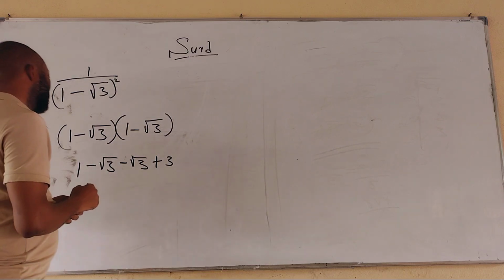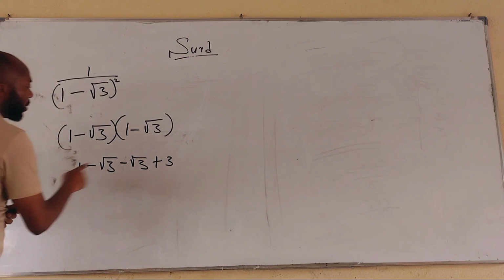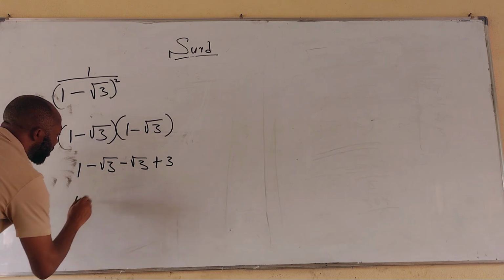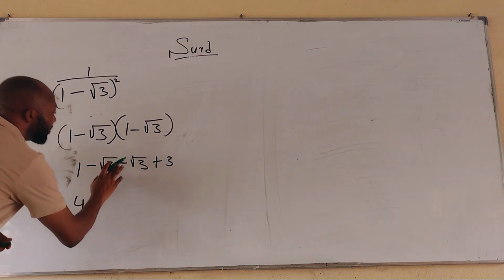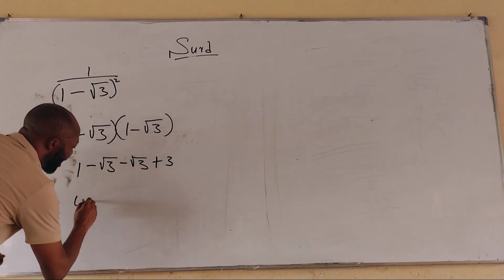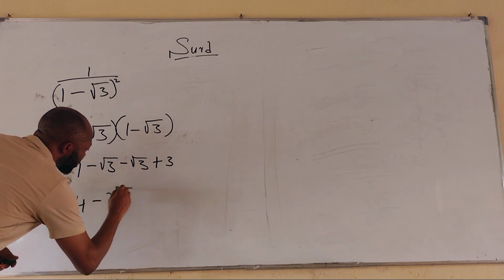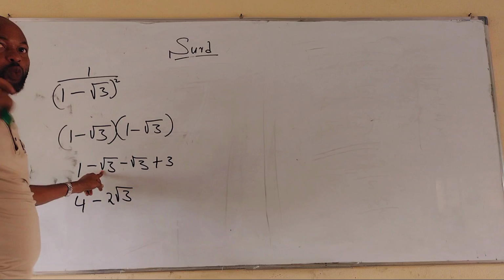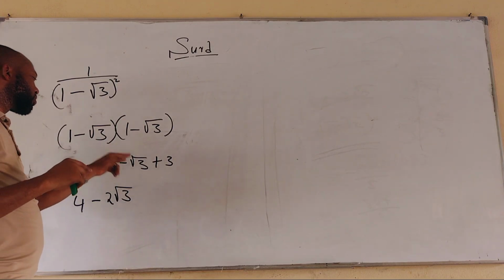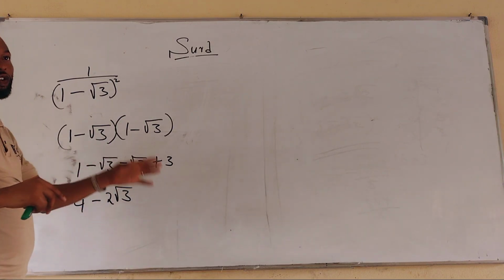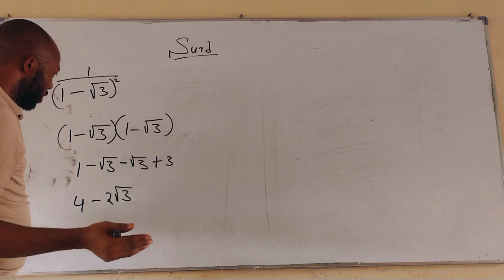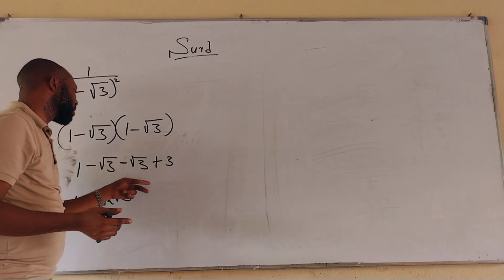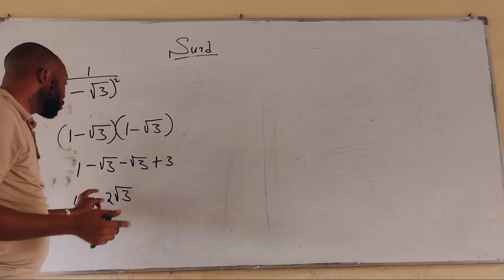In this sense, 1 plus 3 here is 4. Minus root 3 minus root 3 is minus 2 root 3, like minus 1 minus 1 is minus 2.